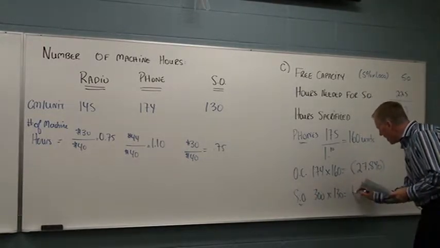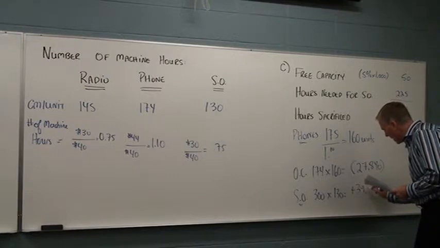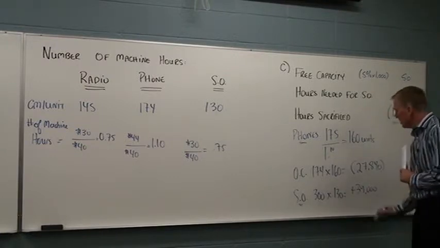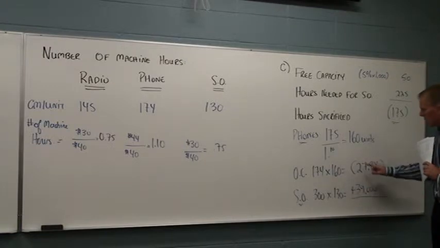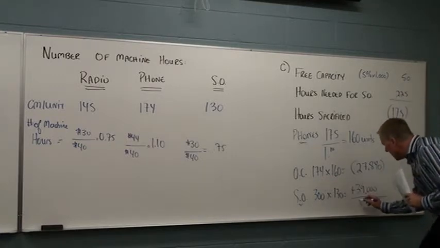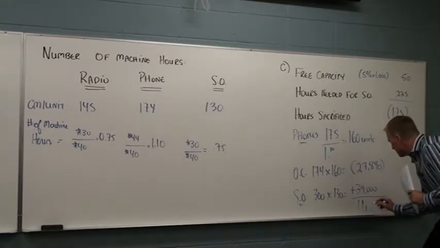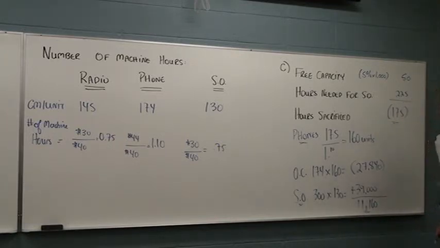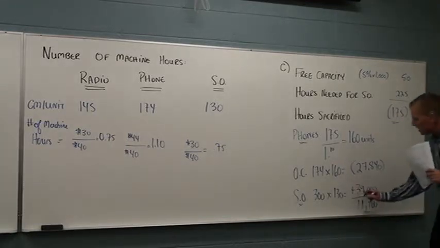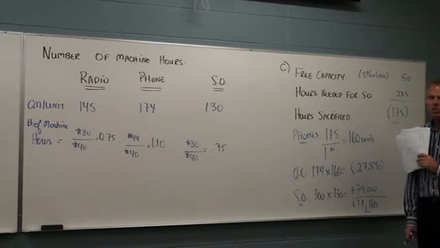We are going to gain $39,000. So what you can see here is that we're going to gain $39,000. Our opportunity cost is a loss of $27,840. So we are going to gain $11,160, which is fantastic. And that's what we want to achieve.